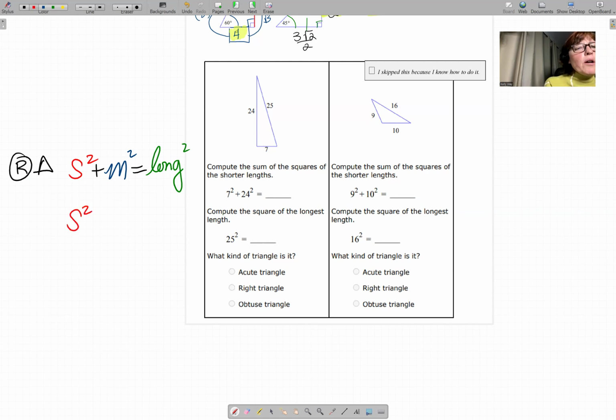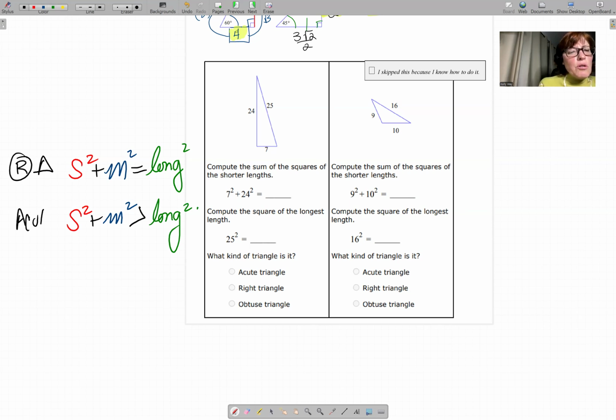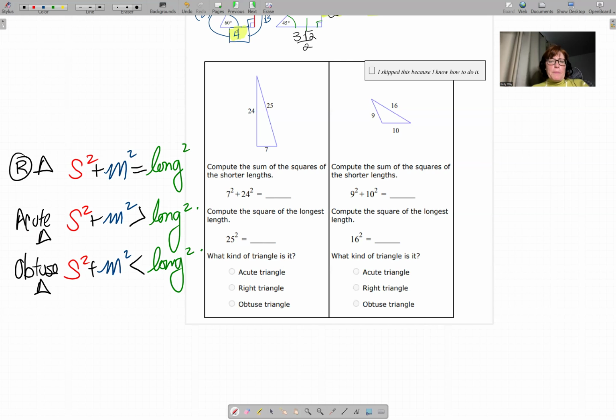If the short side squared plus the medium side squared is greater than the longest side squared, then it is an acute triangle. If your short side squared plus your medium side squared is less than the longest side squared, then it is an obtuse triangle. Let's take a look here.